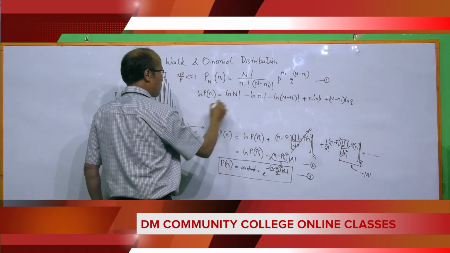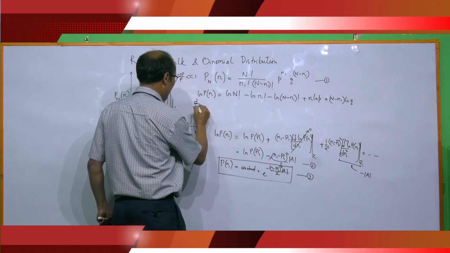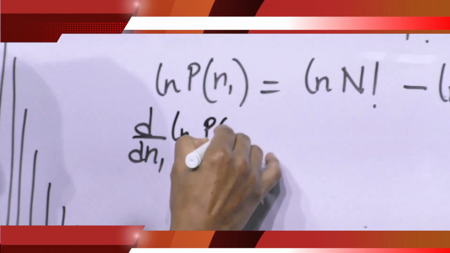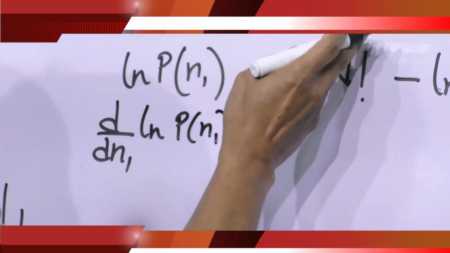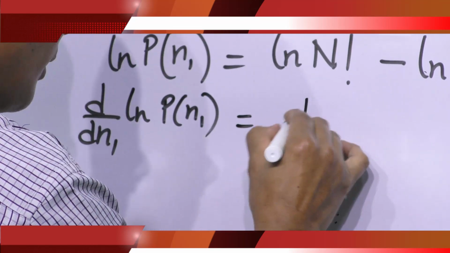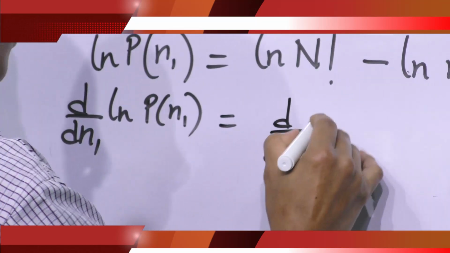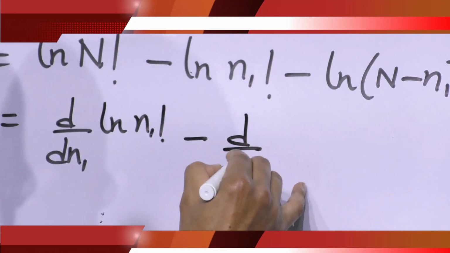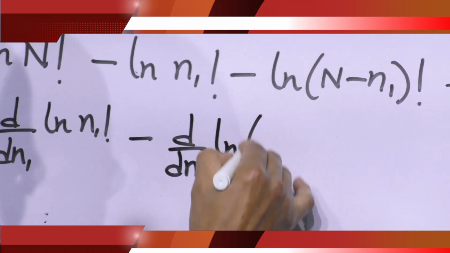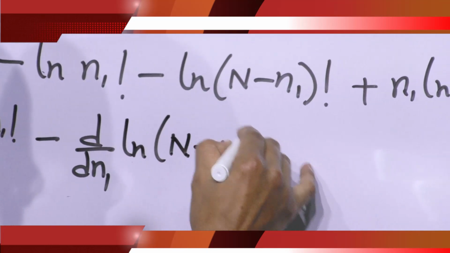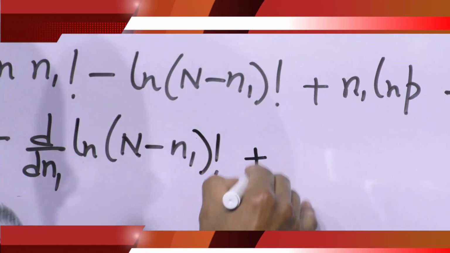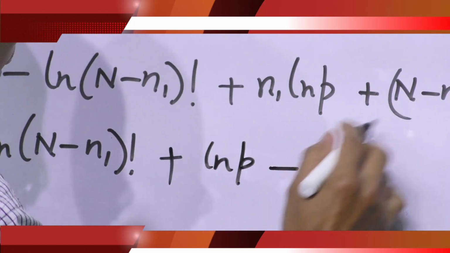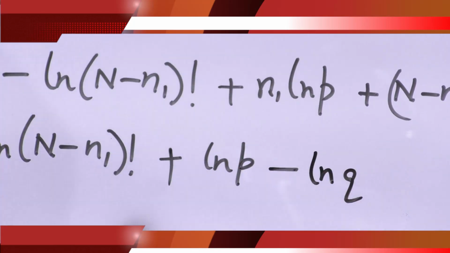Then we differentiate with respect to n1. d/dn1 of log of P(n1) is equal to, because this is constant, this will go to 0, d/dn1 of log of n1 factorial minus d/dn1 of log of (N minus n1) factorial plus log of p and minus log of q.